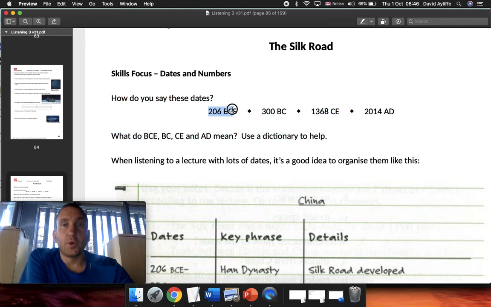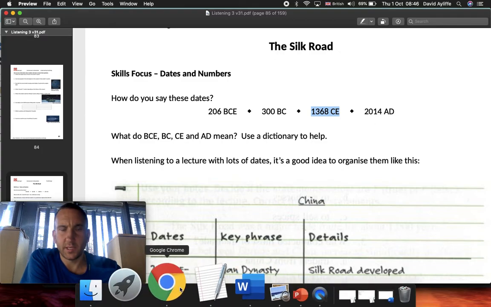Okay, so this is 206 BCE. BCE, I think, stands for Before Common Era. 300 BC, where BC means before Christ. 1368 CE, where CE means Common Era. And 2014 AD, where AD, what does AD mean?